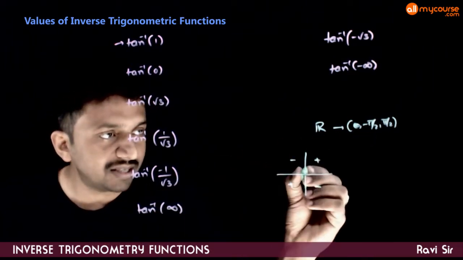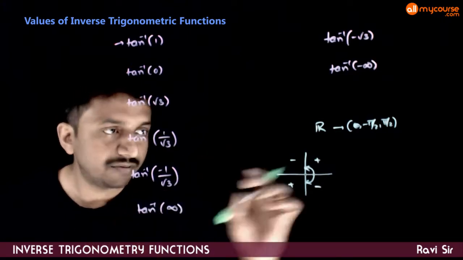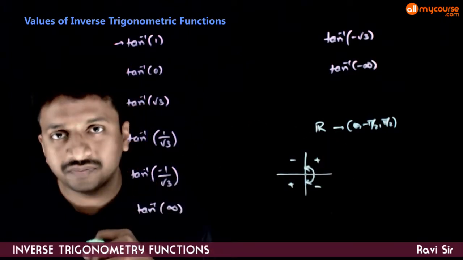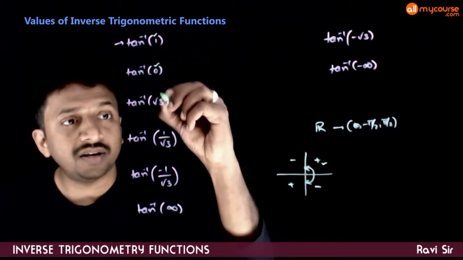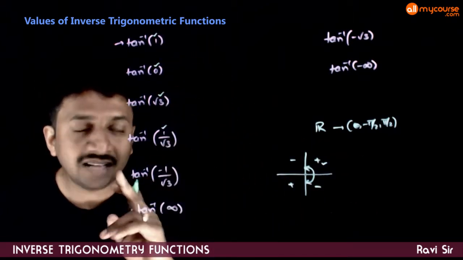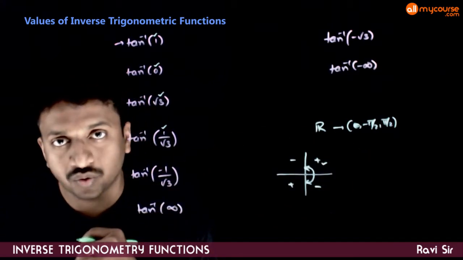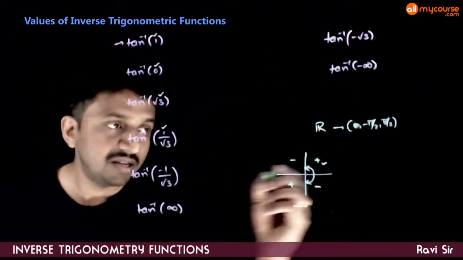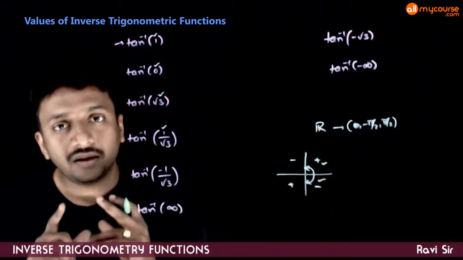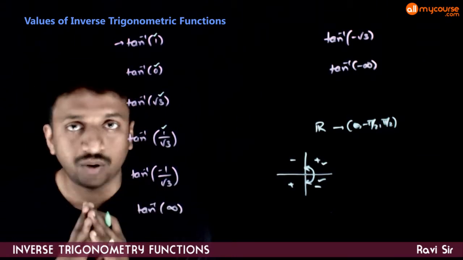And our range is in the fourth and first quadrants, from minus pi by 2 to pi by 2. That is, if a positive number goes inside tan inverse, the angles that you get will be in the first quadrant. And if negative numbers go inside tan inverse, the answers will be angles in the fourth quadrant.